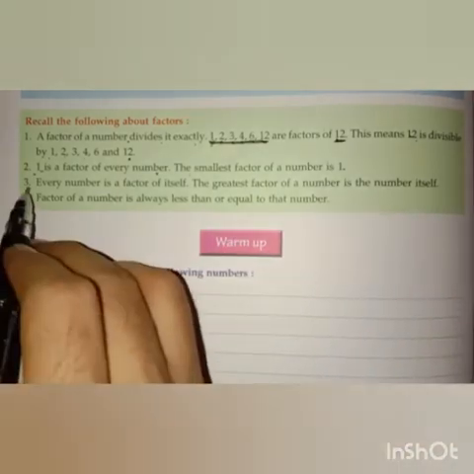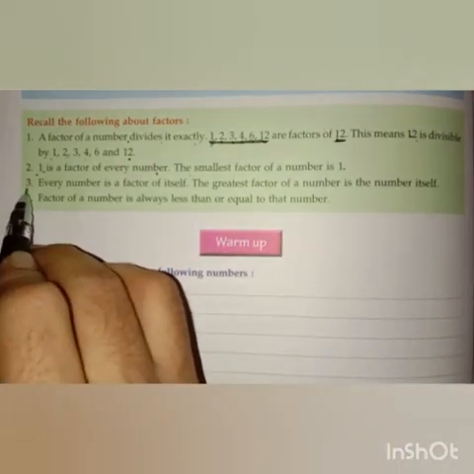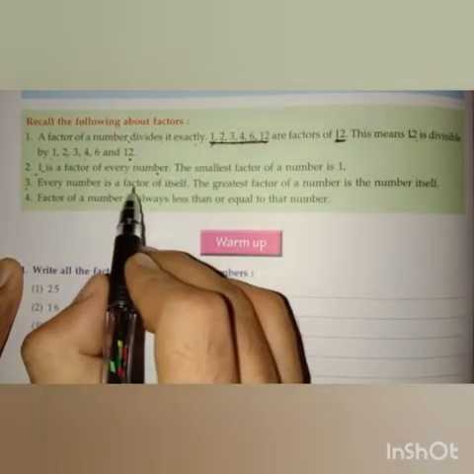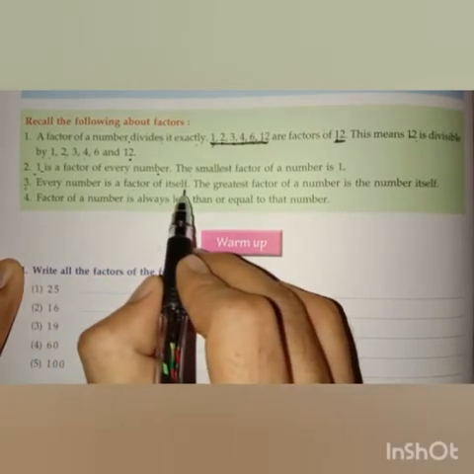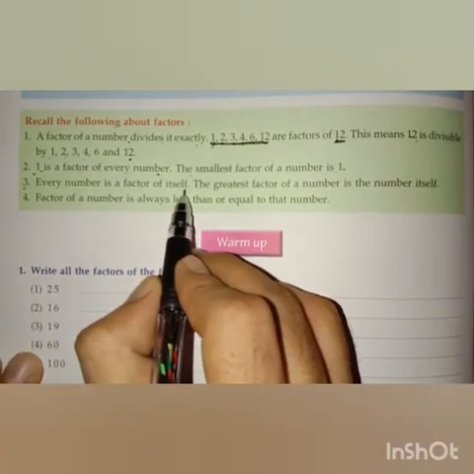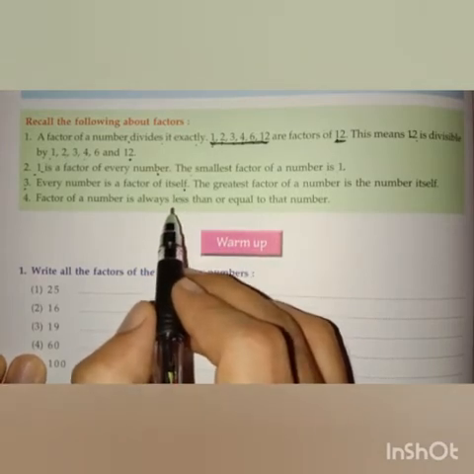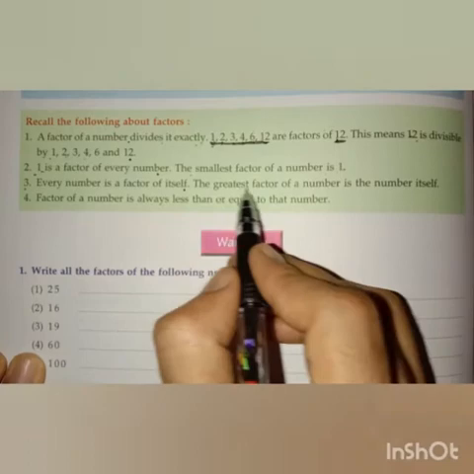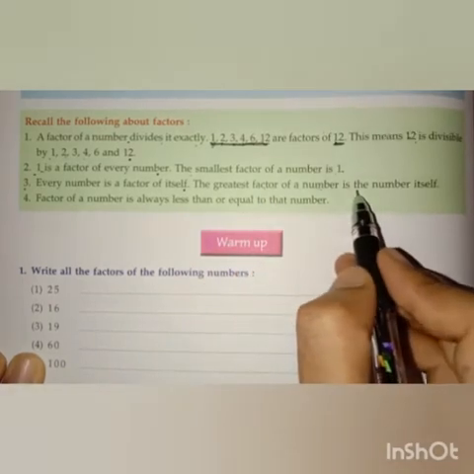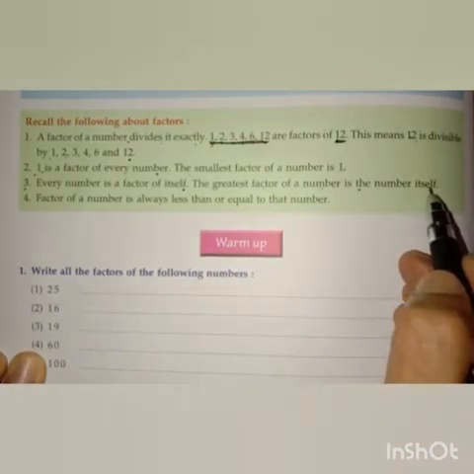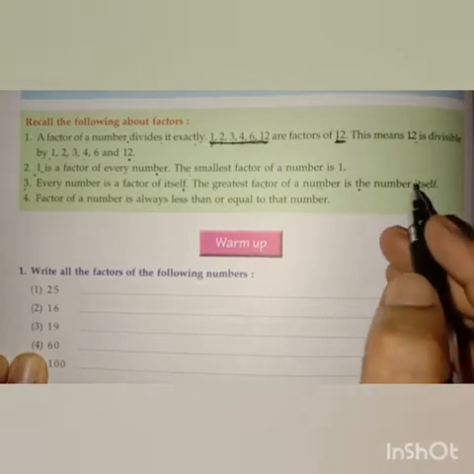Next, third point, every number is a factor of itself. So all the numbers are divisible by themselves. The greatest factor of a number is the number itself.